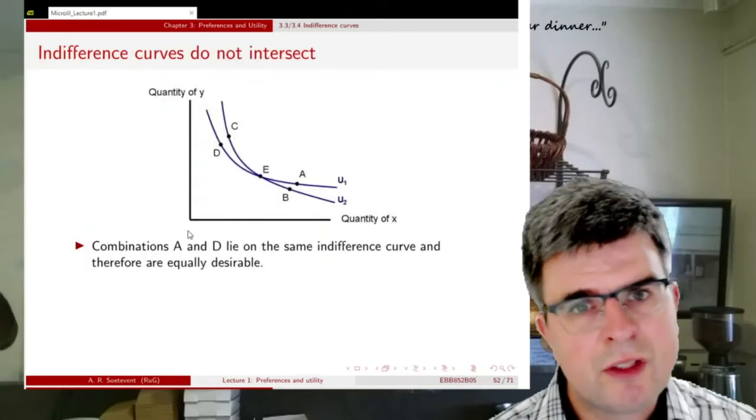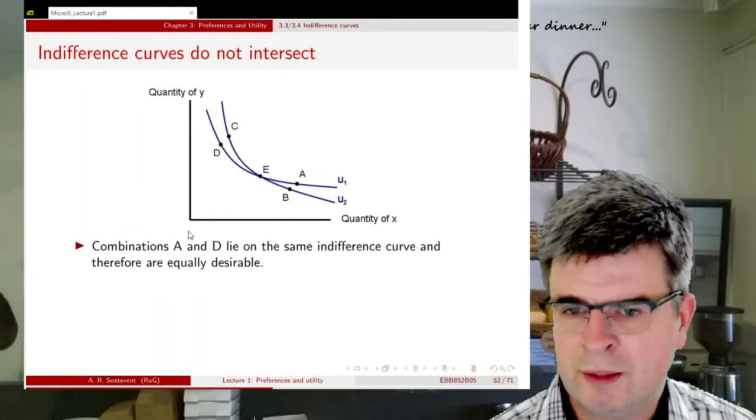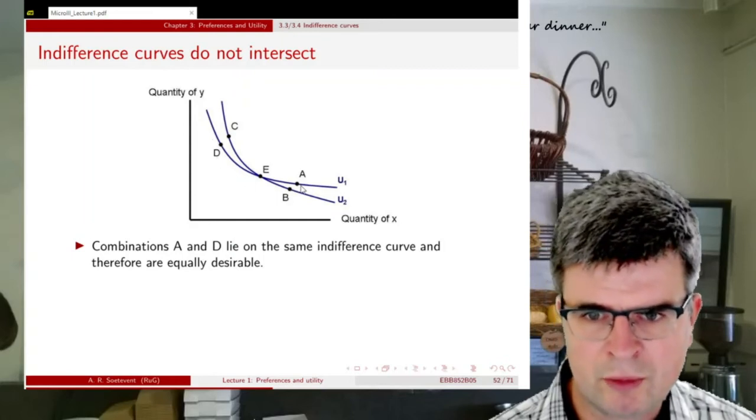Now, one property of indifference curves is that they cannot intersect. You cannot have a situation like in this picture where combinations A and D are on the same indifference curve.